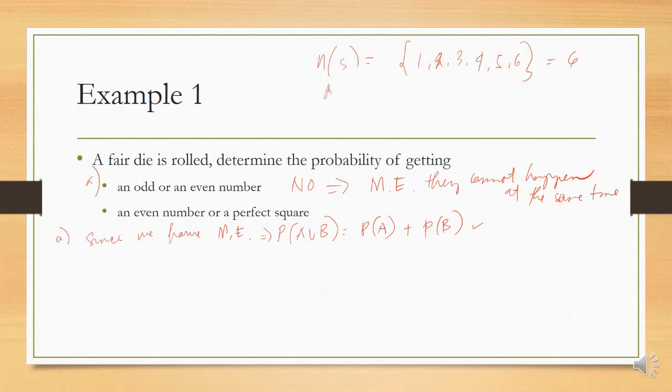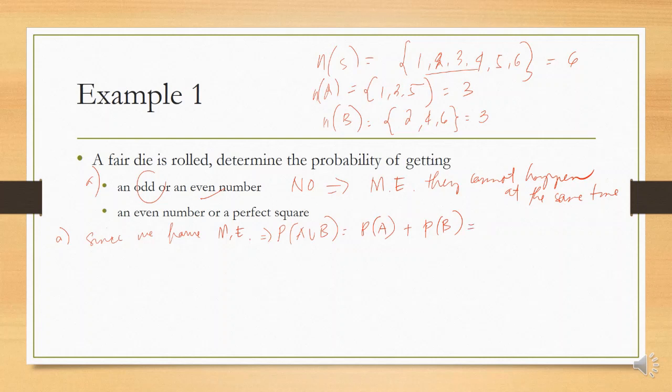For event A, our n of A, for odd numbers, the contents from the sample space are 1, 3, and 5. And then event B contains the even numbers, so 2, 4, and 6. This is 3 also.